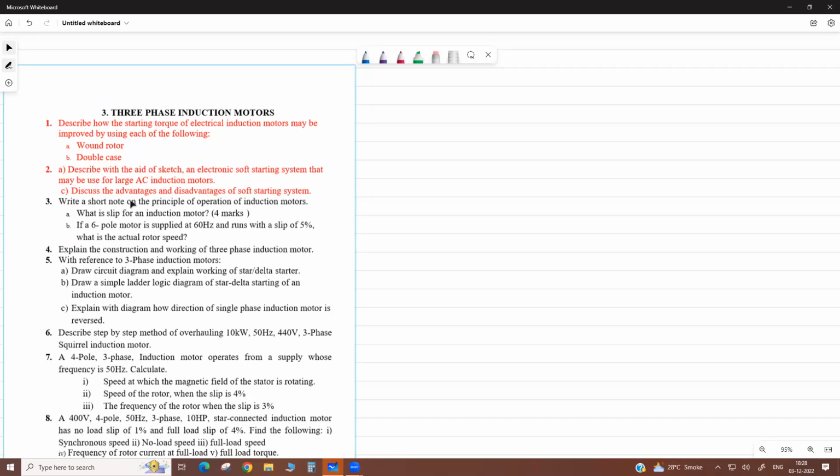Correct? So the advantage is there is a gradual increase in voltage, so there is no jerk or stress on the rotor. Like in star delta starter, instantly voltage of root 3 times is applied. Second, it reduces the starting current, smooth starting.